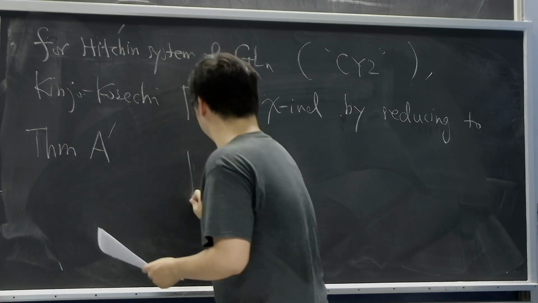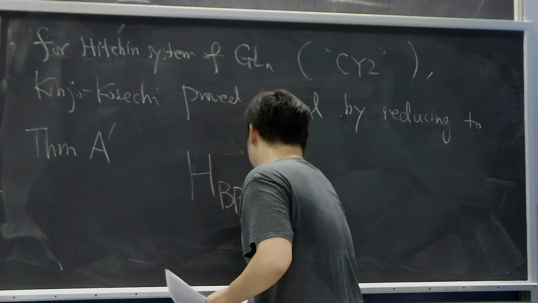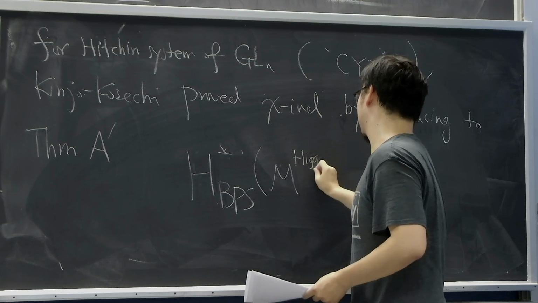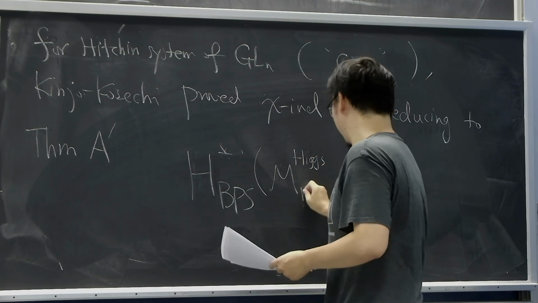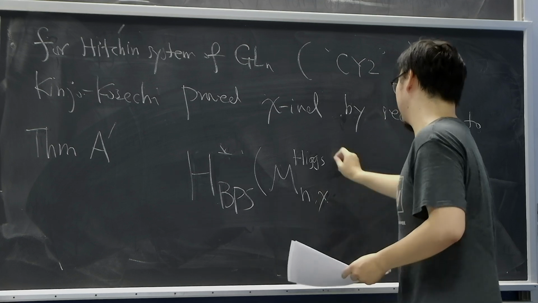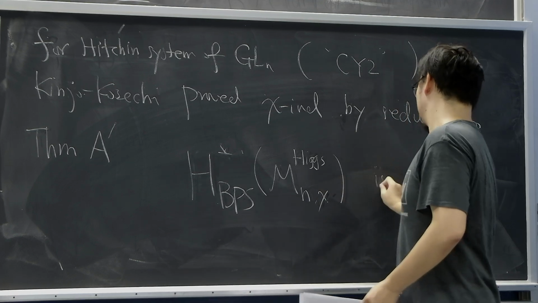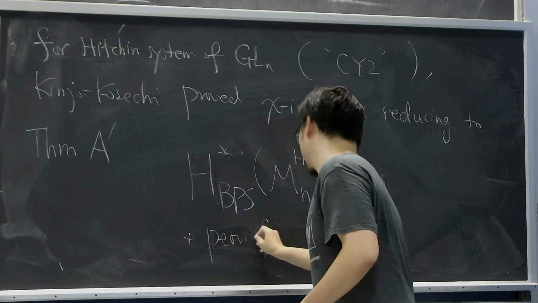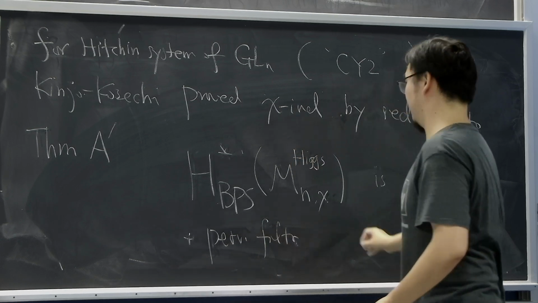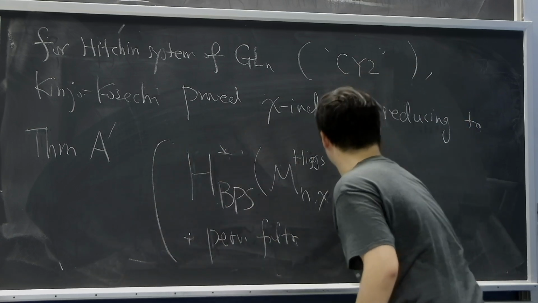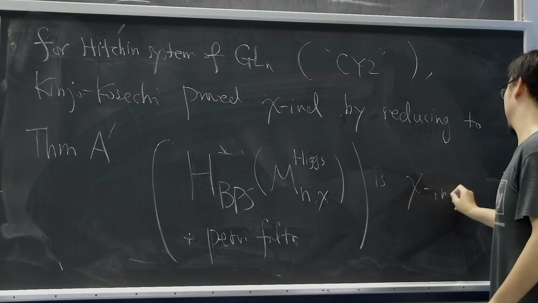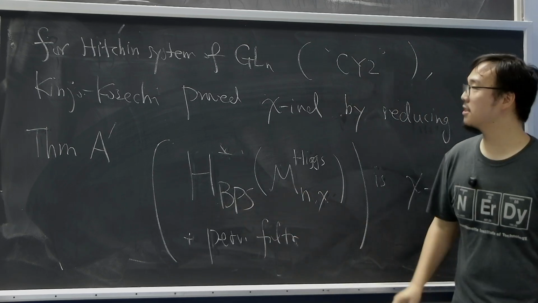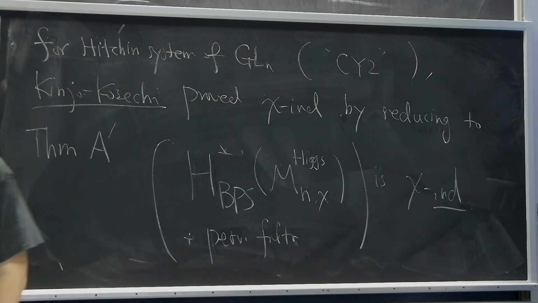And so the statement is the following: if you consider BPS cohomology of the moduli of Higgs bundles of rank n and any chi, together with the perverse filtration, the entire package is kappa dependent. But it is no longer the intersection cohomology. This is the Kinjo-Koseki theorem. Okay, let me stop here.